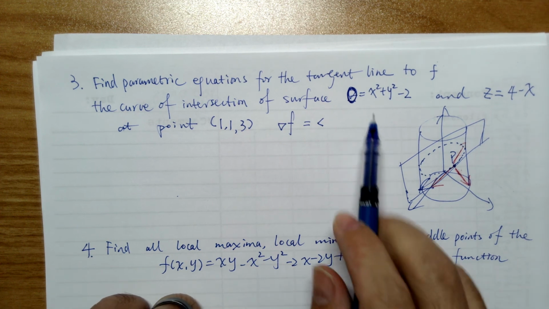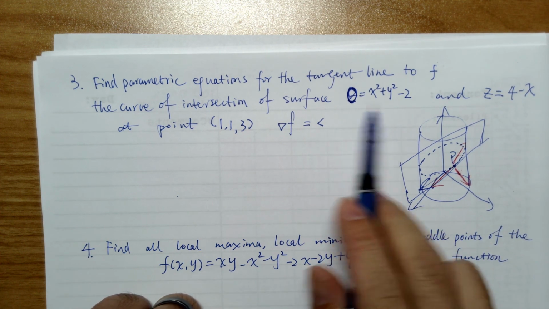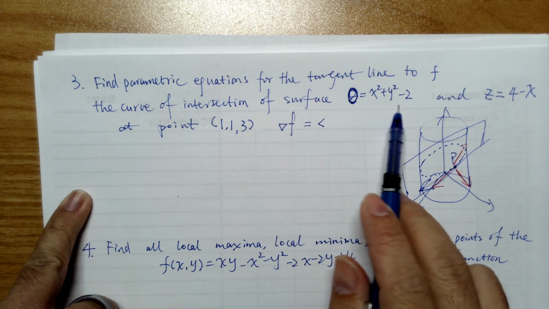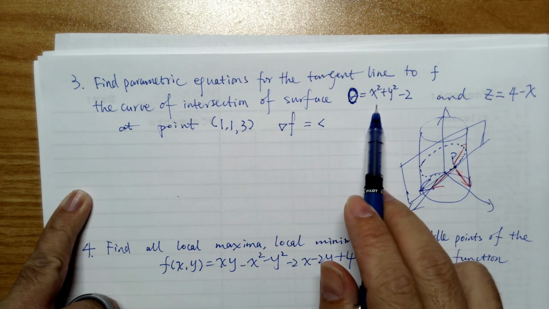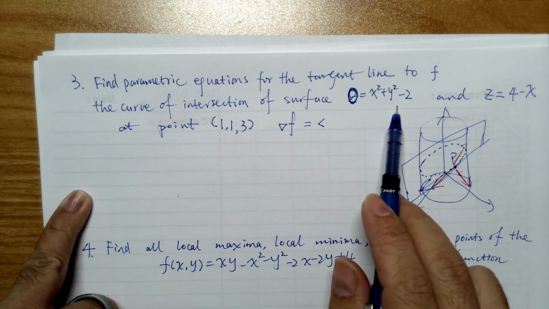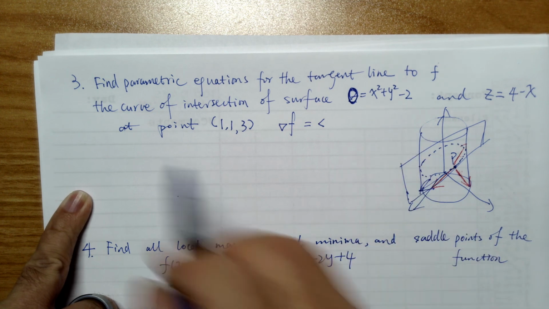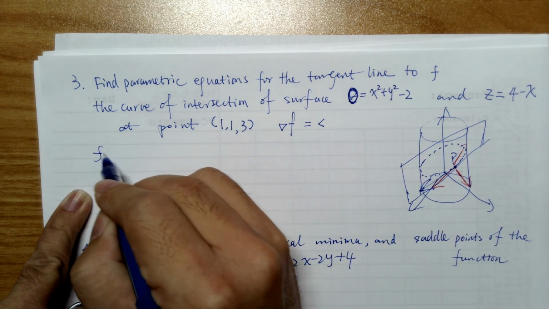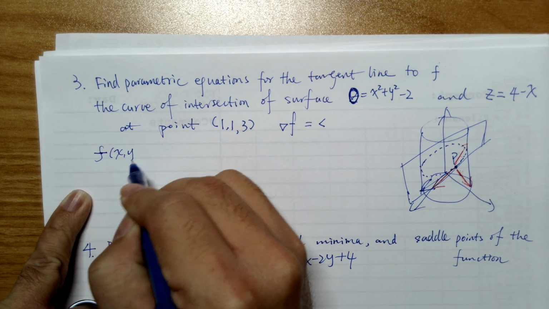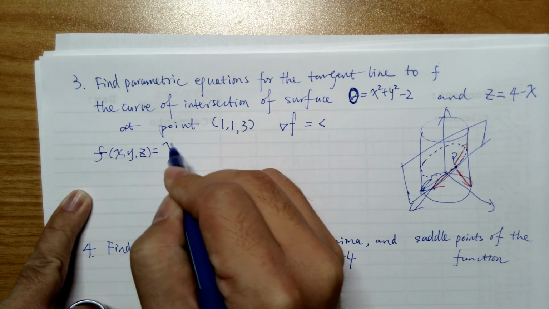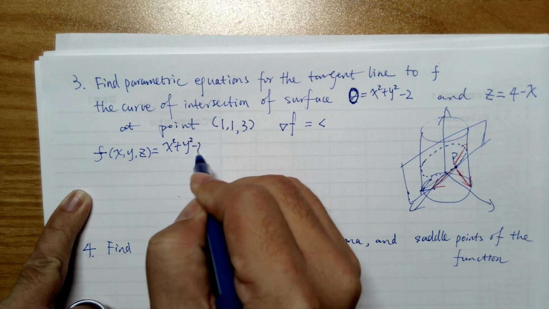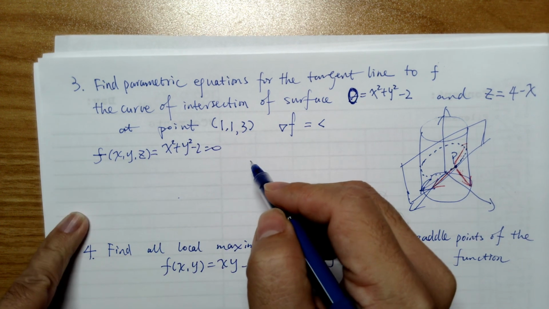So back to here, let's denote the corresponding function as f(x, y, z) = x squared plus y squared minus 2 = 0. This is the first surface.